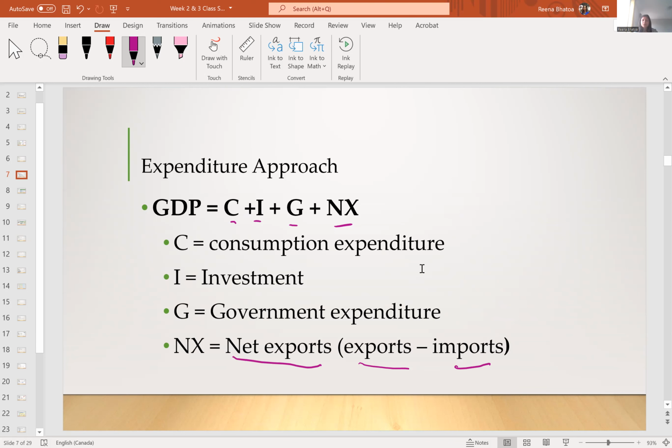Semi-durable, like your clothes, your furniture, those kind of items which do not stay for really longer, but could stay a little longer. And then perishable items or non-durable items like your food items, groceries, and all that. So yeah, those are included in consumption expenditures.